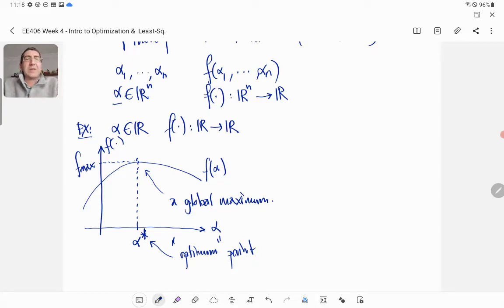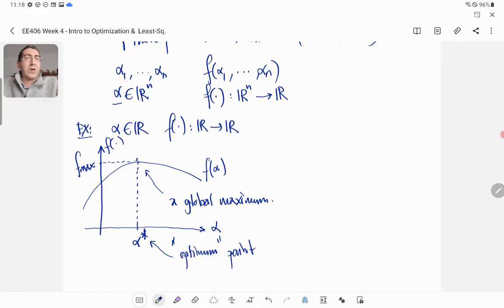Similarly, we might be looking at finding a minimum of that function f, but we will see that these are related but somewhat different, but the method to find them is essentially a common method.